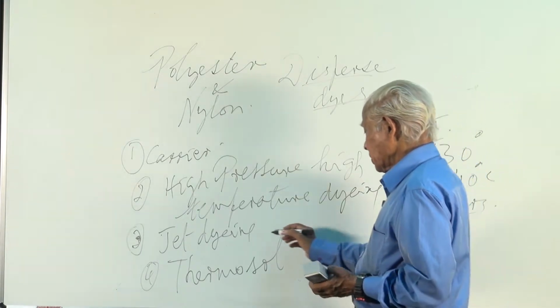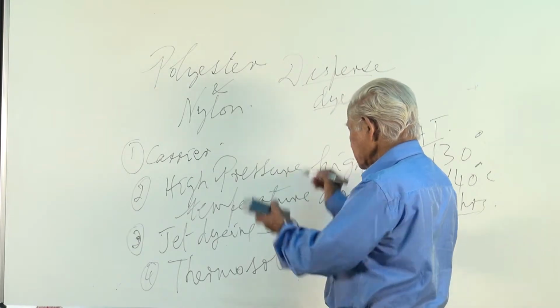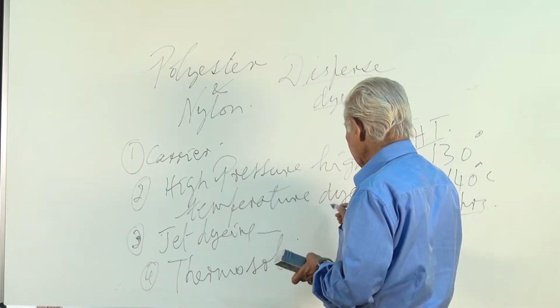And jet dyeing is also similar to high temperature, high pressure dyeing, except that the material is moving, whereas in the case of HPHT it is stationary.